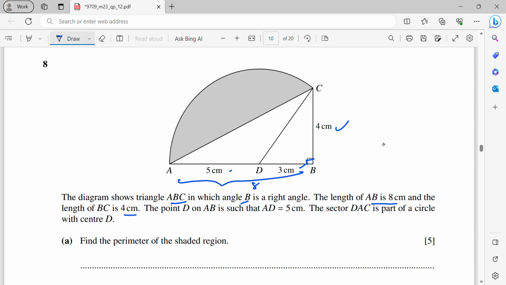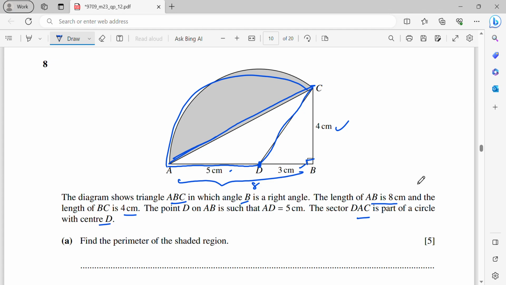Now the sector DAC is part of the circle with center D. Okay, DAC. So this is the sector. And then the center is D. Now find the perimeter of the shaded region. So basically the perimeter of the shaded region is the arc length of the sector DAC plus the AC.